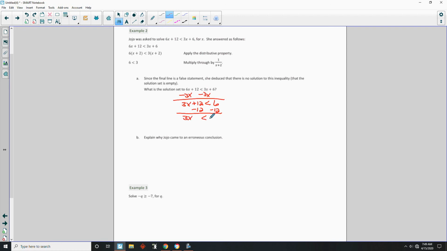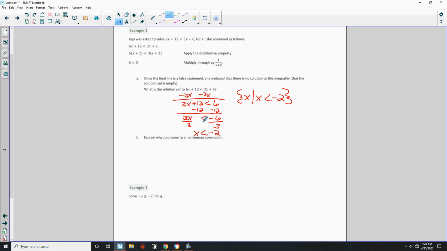Less than 6 minus 12 is negative 6. And then when I divide by 3, 3 is positive, so the inequality stays like it is. Negative 6 divided by 3 is negative 2. So in this sense, any value less than negative 2 is true. So the solution set is the set of all x such that x is less than negative 2.